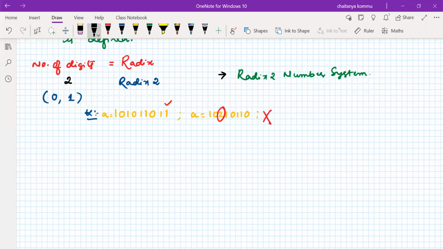For example, 3 digits that I want to use. What are those 3 digits? For example, 0, 1, 2 only. So what is this system called? It is called a radix 3 number system. So we normally call it a radix 3 number system.